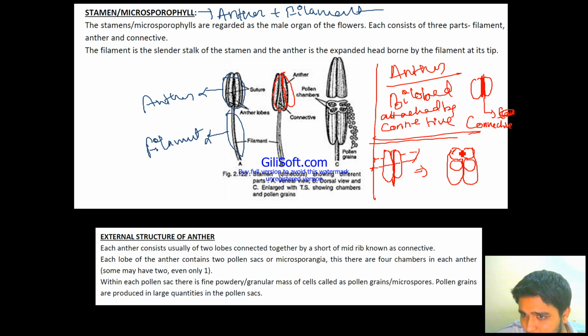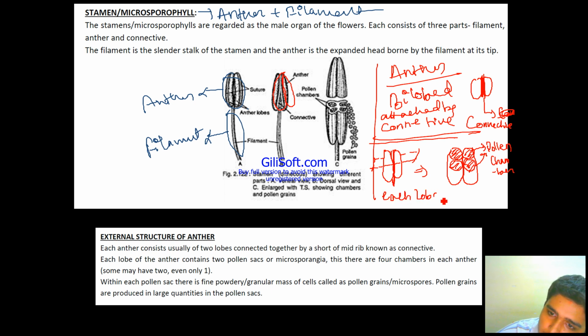Each lobe has two chambers, and this is known as a pollen chamber. So each lobe has two pollen chambers. Clear? Now these pollen chambers have tiny little pollens in them.